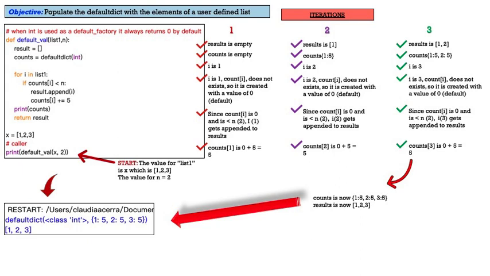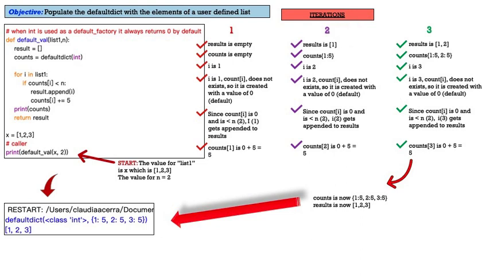So since counts[i] is 0, it's less than n, which is 2. So i is 1, that gets appended to results, and now counts for the key 1 is 0 plus 5. So now the value for counts[1] is 5. Okay? Now we go through our second iteration where results now is [1], counts is {1: 5}, and i is 2 in our for loop.